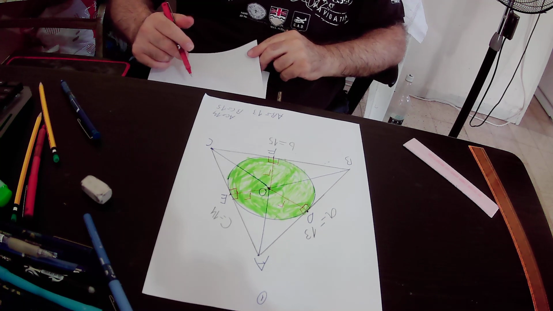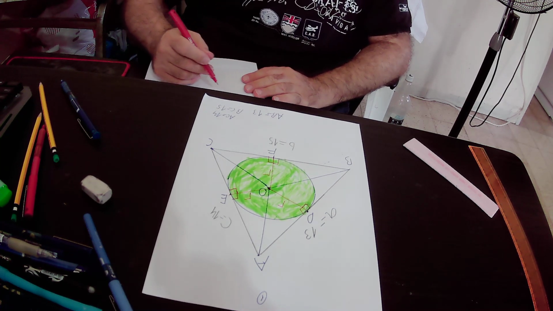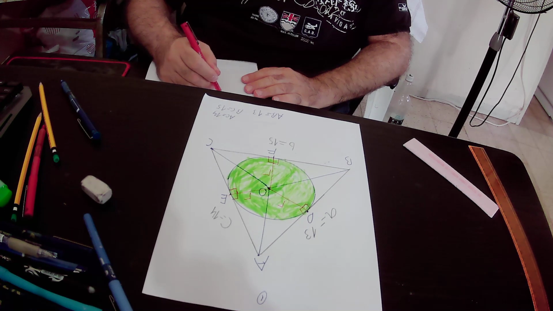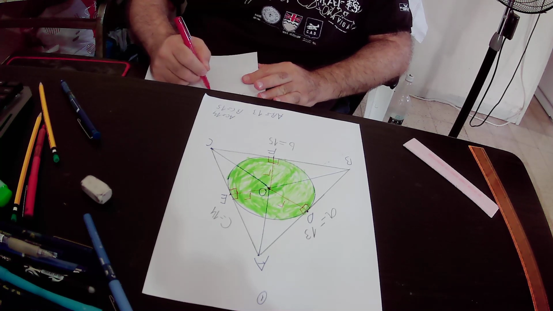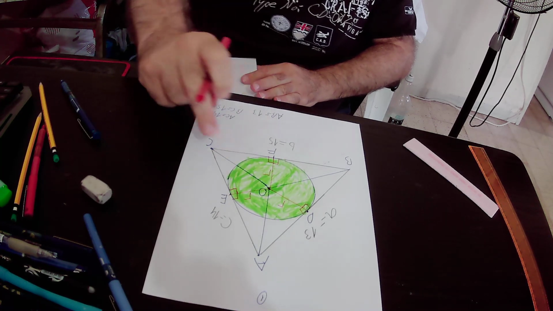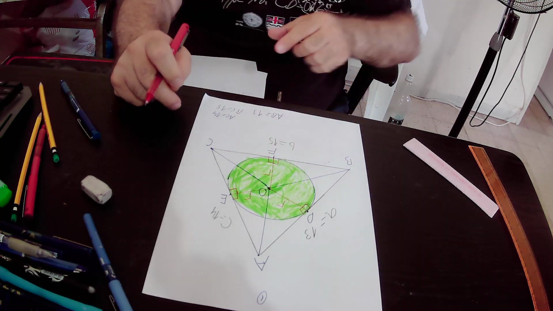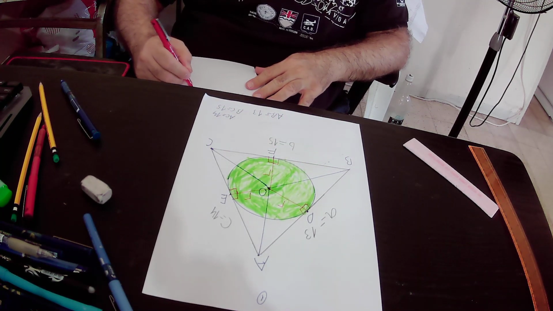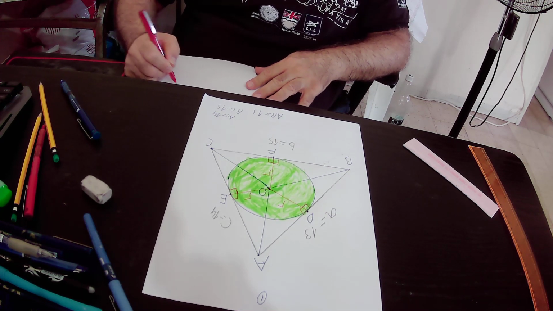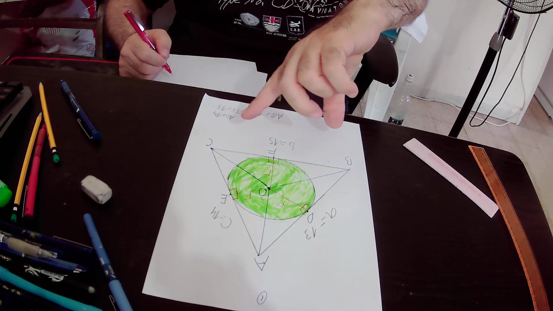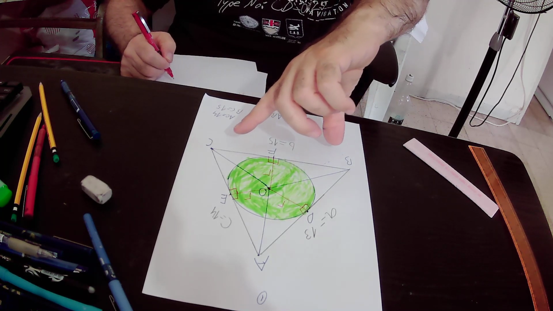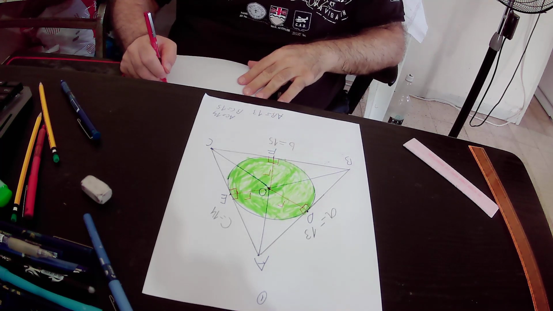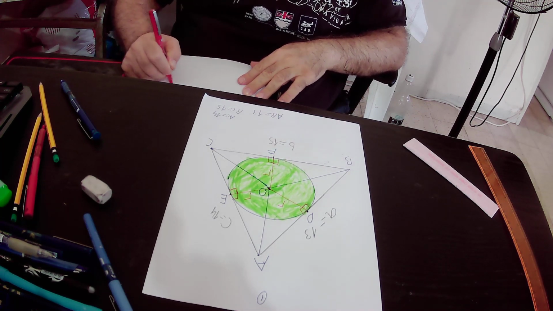Okay, so what is the value of the sum? AB equals A, so it is A times the radius over 2, plus AC. AC equals C, so it is C times the radius over 2, plus BC equals B, so it is B times the radius over 2.